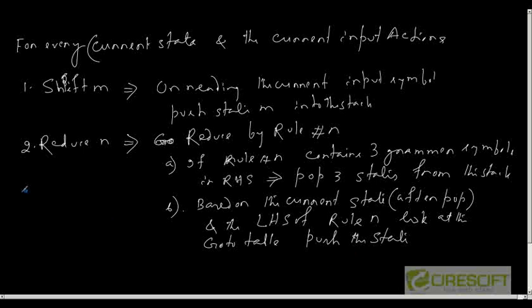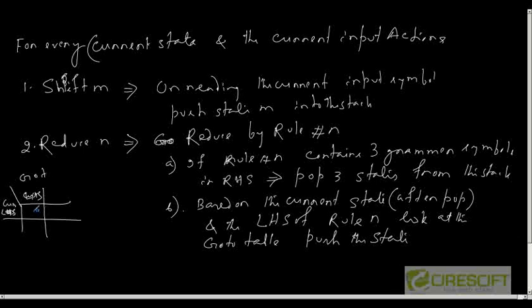So the goto table also is a two-dimensional map. You have the current state and the LHS non-terminal. Or you can say in the other way, LHS non-terminals in the columns and current state in the rows.